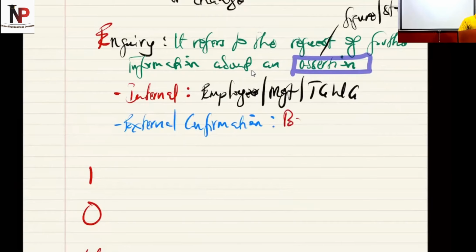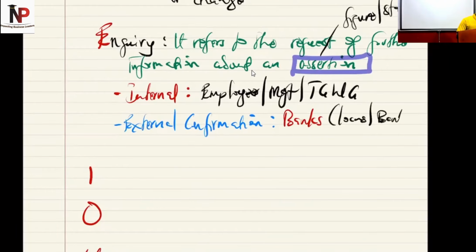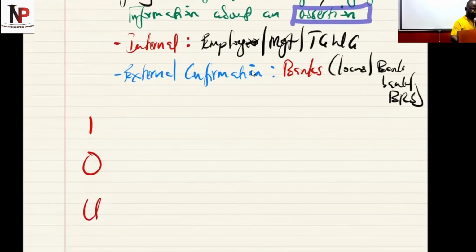From the banks of the company, about loans, about bank balances. We need information about that, so that we can prepare the bank reconciliation statements. So if we are auditing loans, bank balances, and dealing with bank reconciliation statements, we need a confirmation from the bank. So we have to speak to the bank.